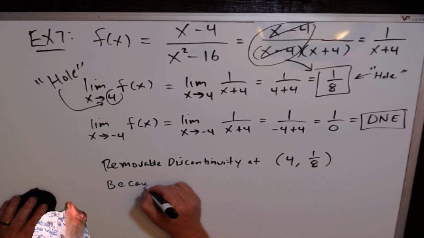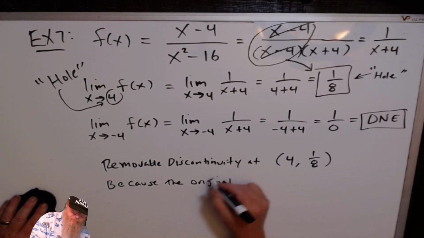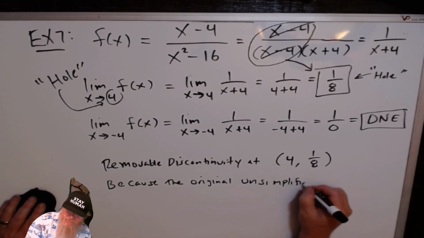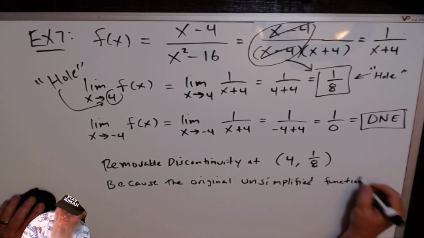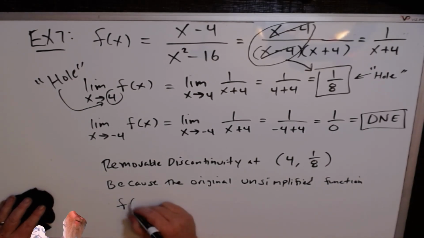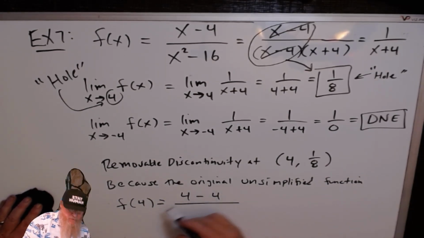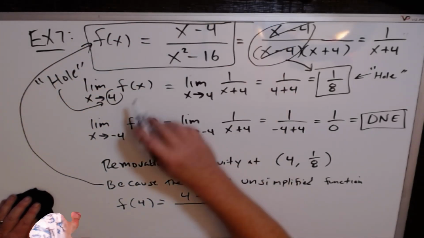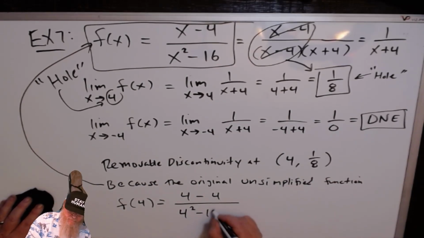Because the original function has x minus 4, going back to the original function, if I would have tried to plug in 4, watch what would happen.